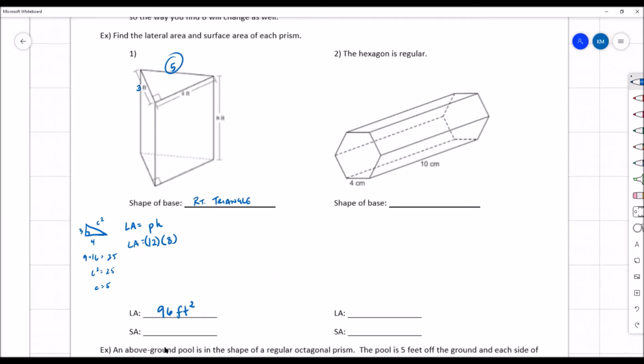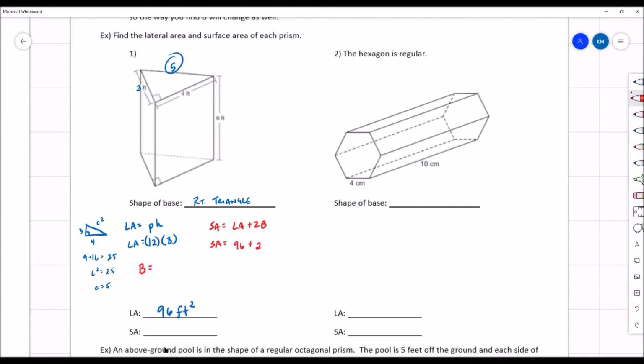Our surface area is going to be our lateral area plus our two bases. So surface area equals 96 plus 2b. In this case, we need to find b.